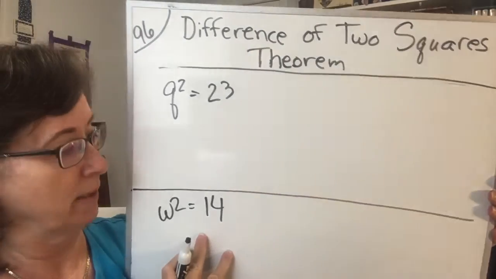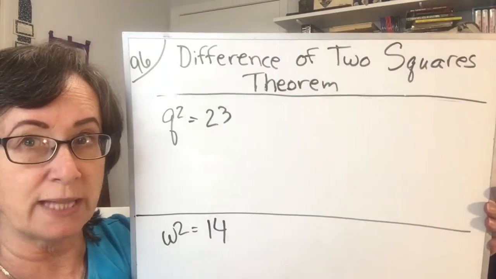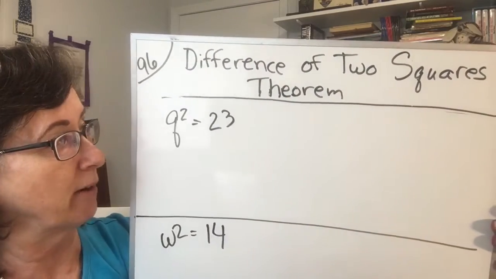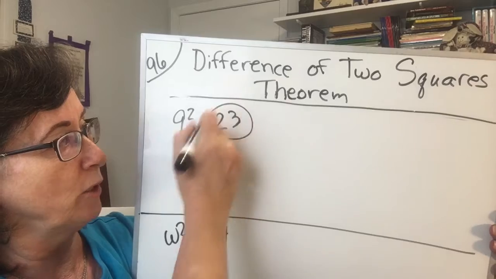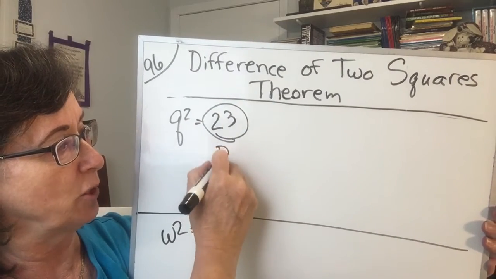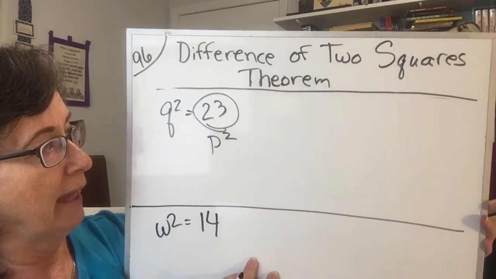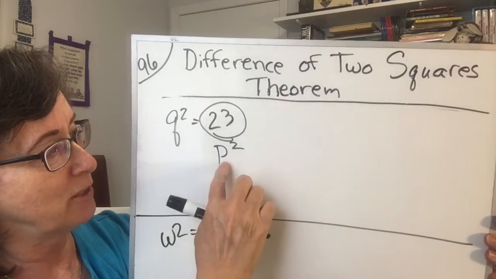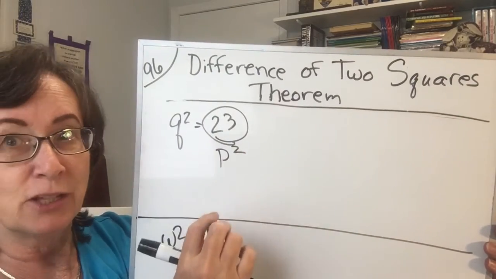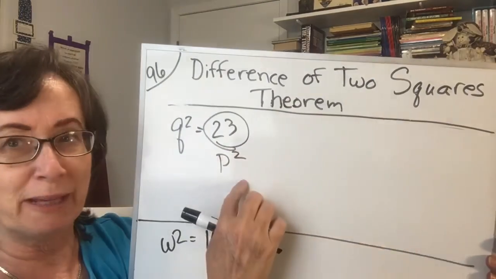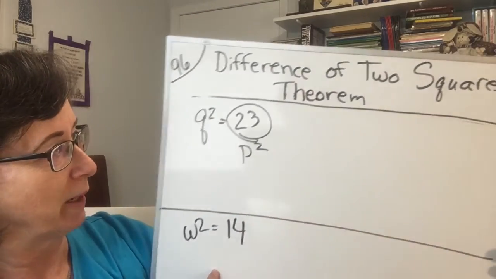Again, our instruction is to use that difference of two squares theorem. So we're going to make this one into a p squared, and that is going to end up being square root of 23. The p is going to be the square root of 23, isn't it?